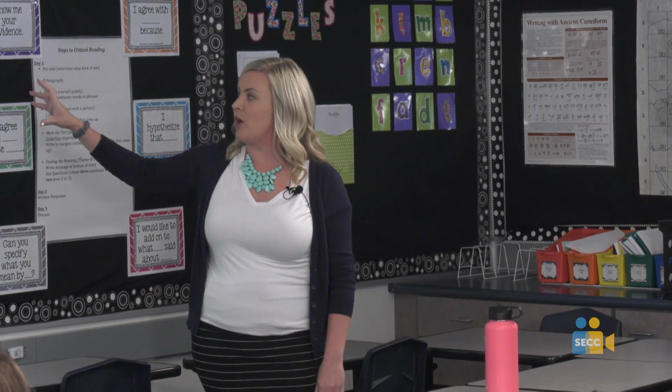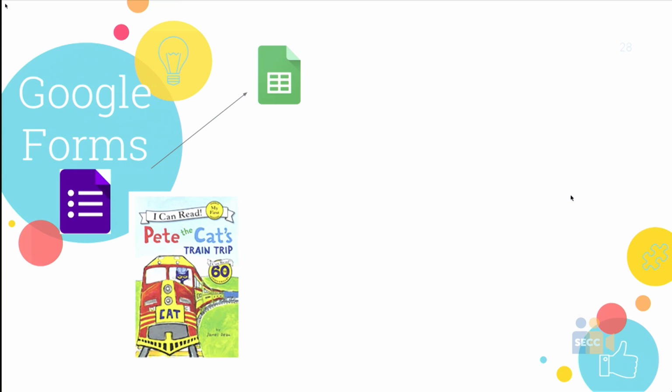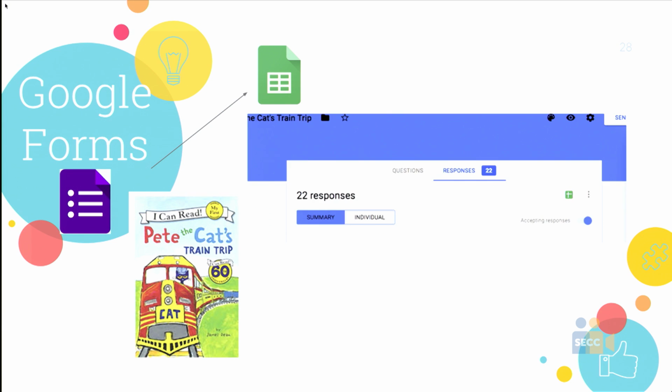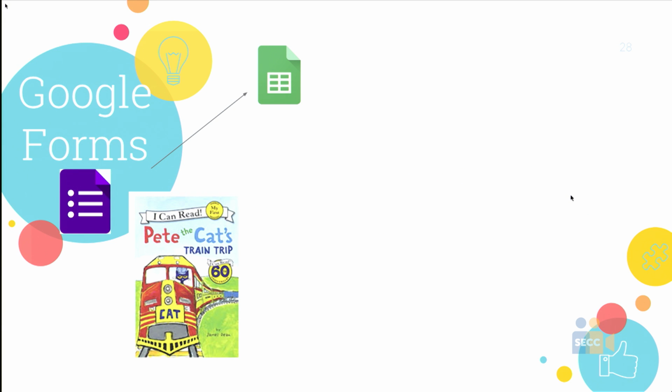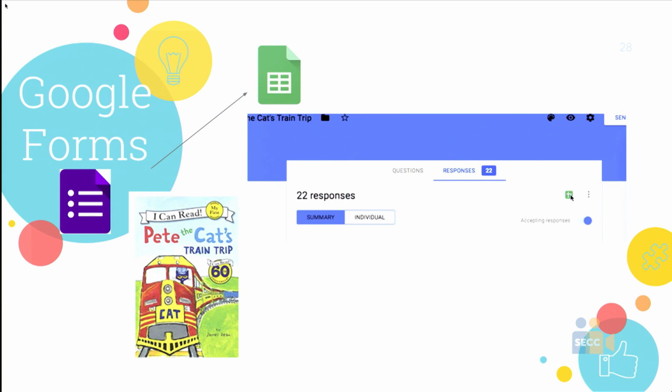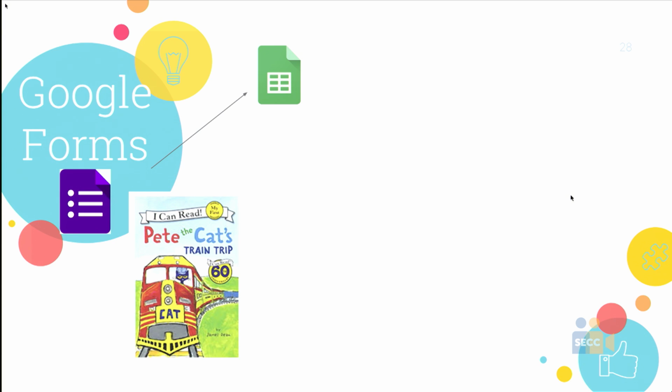So next level, on your Google Form, there's a small little green box. When you click on that green box, all of the data that your students gave you creates a Google Sheet. So all of my data is in one place that I can look at. I open that up and I can quickly assess, like, oh, this student clicked on all the wrong characters.